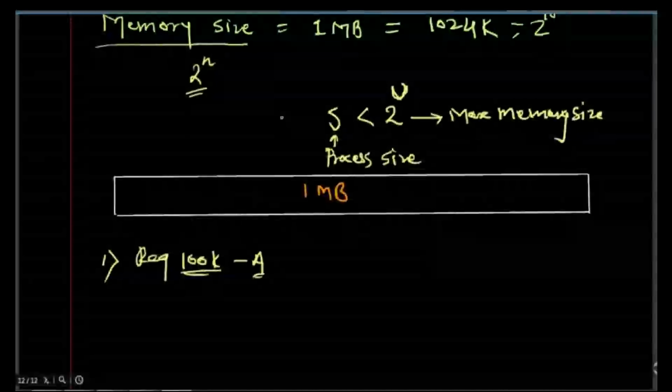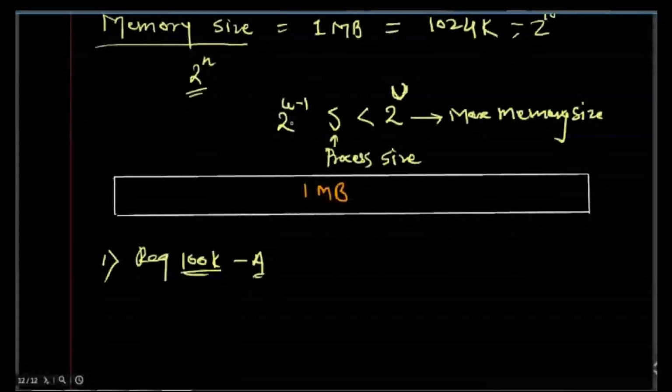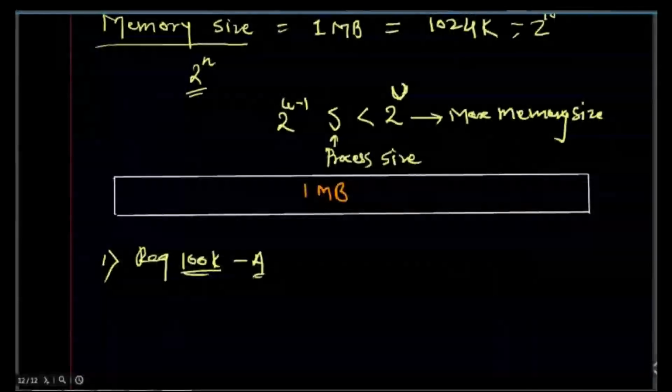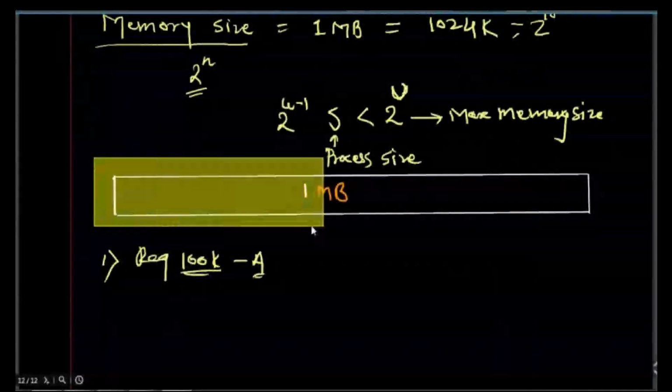Then you have to divide this memory so that you get the smallest partition, of size 2 raised to u minus 1, that will accommodate the request. Okay, so let us do this one by one so that you understand exactly what we are going to do.